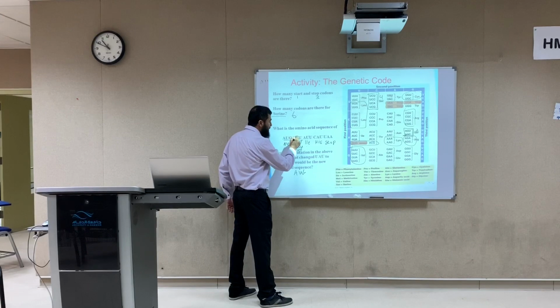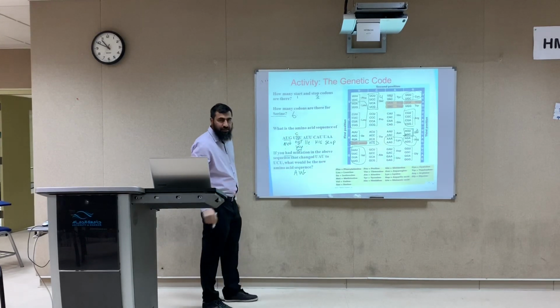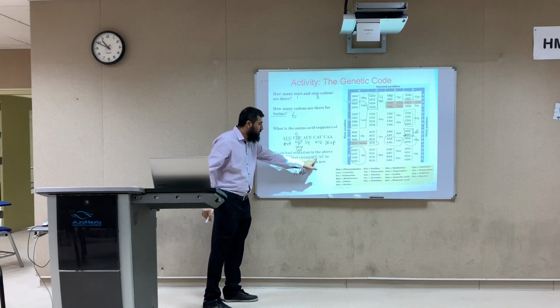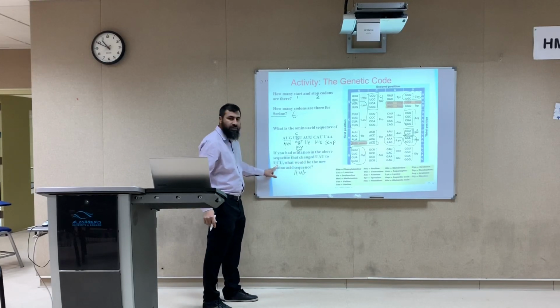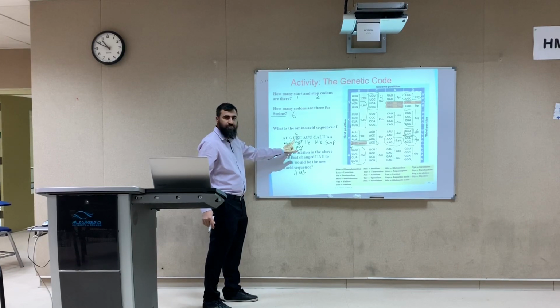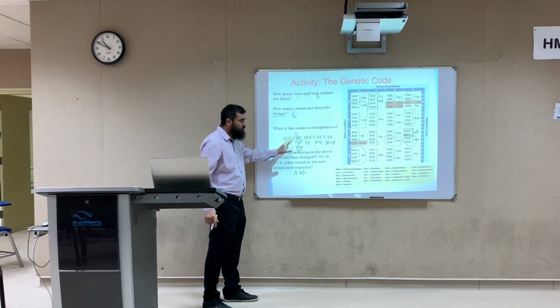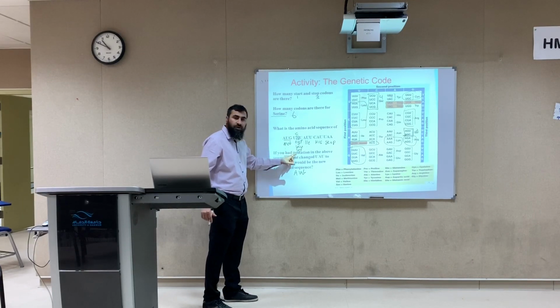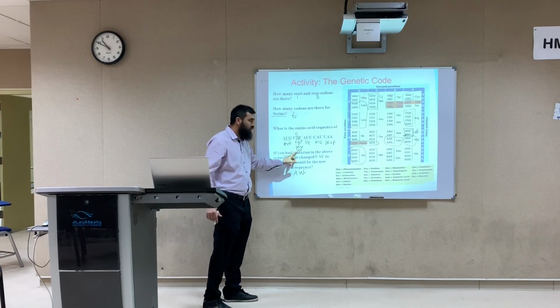Say a mutation that changed this A to C. Okay? So now from UAU, the sequence is UCU in this codon. So what does that cause? It changes the amino acid sequence, just one base. So instead of tyrosine, we have serine.